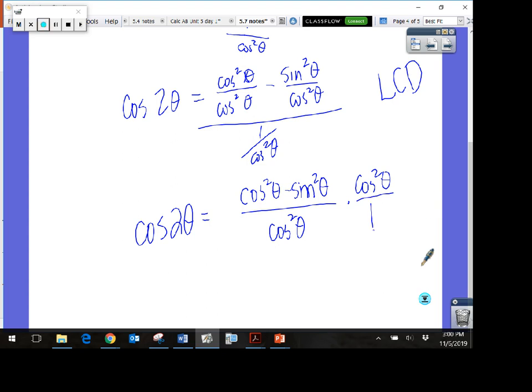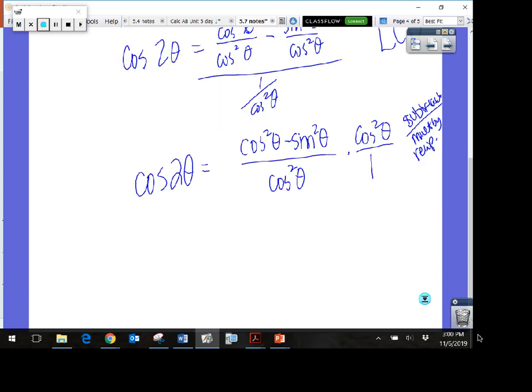So I subtracted and I multiplied by reciprocal. So right here, cosine squared theta minus sine squared theta, I subtracted those, and I multiplied by the reciprocal. I did not do 2 things to the same thing.